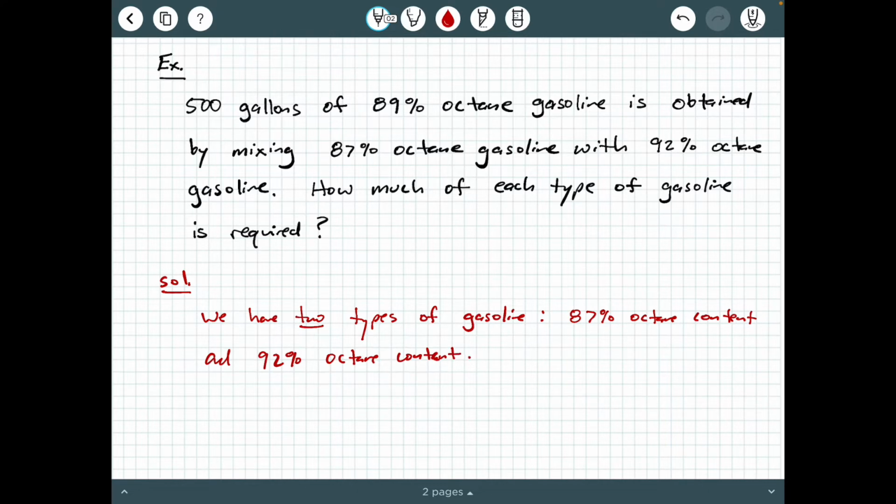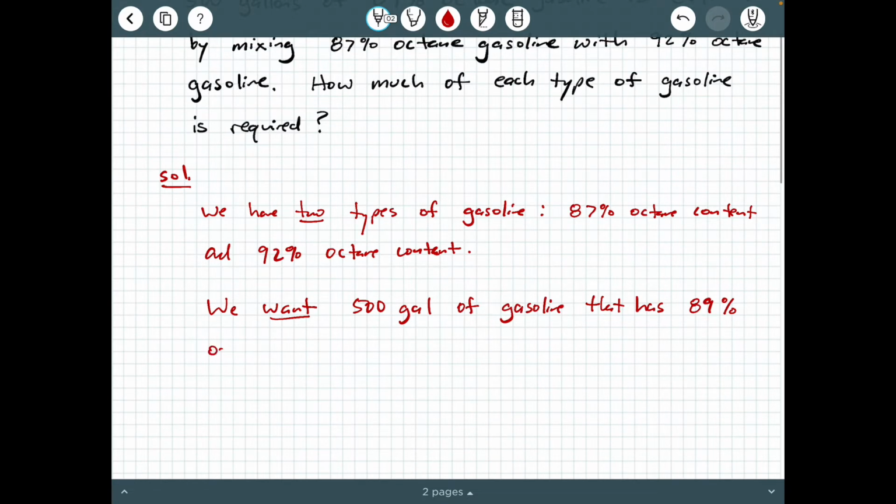And then what we want is 500 gallons of gasoline that has 89% octane content. So the question is, how do we mix these two types of gasolines that we have together such that we get 500 gallons of this mixture that has 89% octane content?